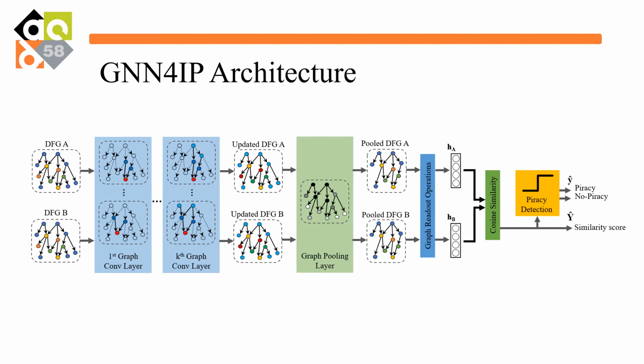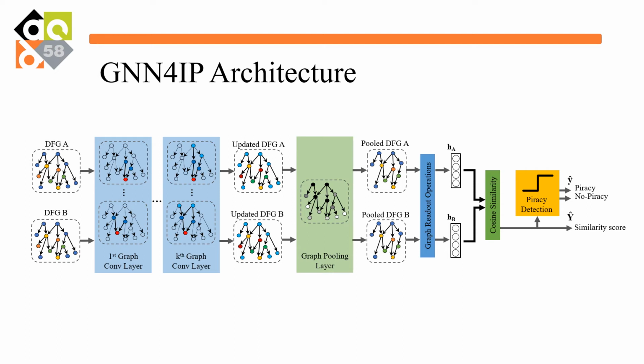In the next step, we have the pooling layer that works on the nodes in order to find which node has the most influence in the detection, and it puts the attention of the design on those nodes. After that, when the graphs are pooled, we pass them through a readout operation which produces a vectorized embedding for each graph.